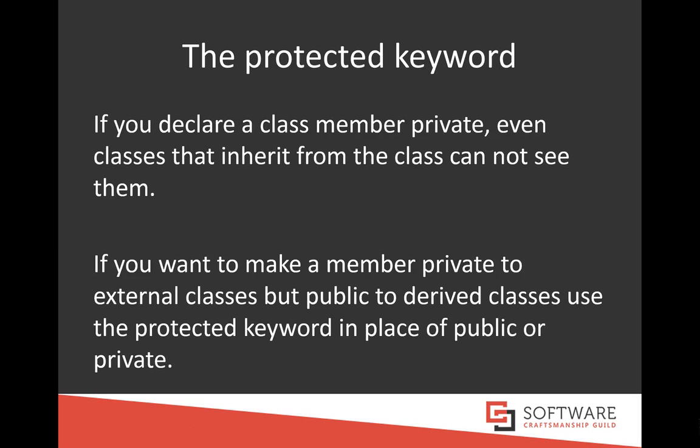And protected means the member cannot be seen by other classes, but it can be seen by derived classes. So it's a little bit more granular control over who can see it. My children can see it, nobody else can use it. This is going to make a lot more sense when you go through the live coding exercise coming up next.